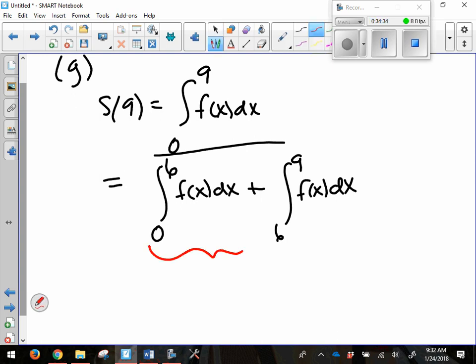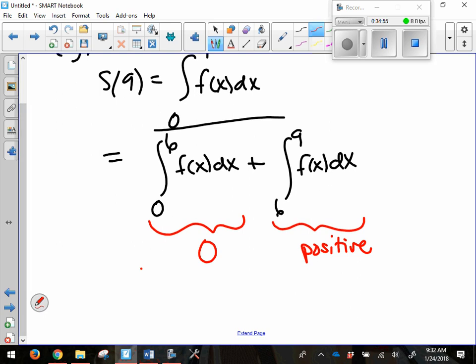What's this? 0, right? Because I move away and then I move back towards. And then what's the sign of that area? Positive. Because the area is above the x-axis. So that tells me that my position at s equals 9 is going to be greater than 0, or on the positive side. Okay.